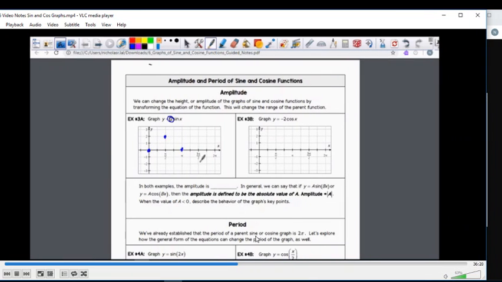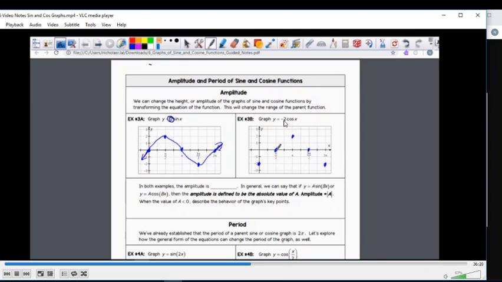So we can look at this full screen here. So that value is 2. This value. So notice how the highest y value goes to 2 instead of 1, and that's because you have a 2 here.